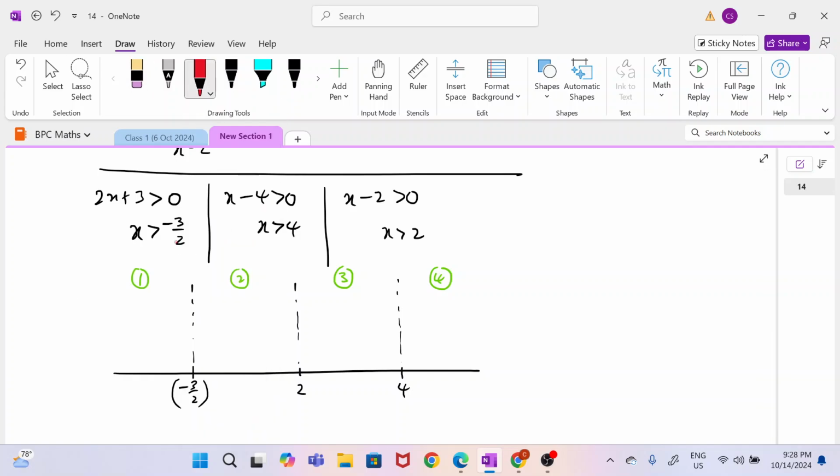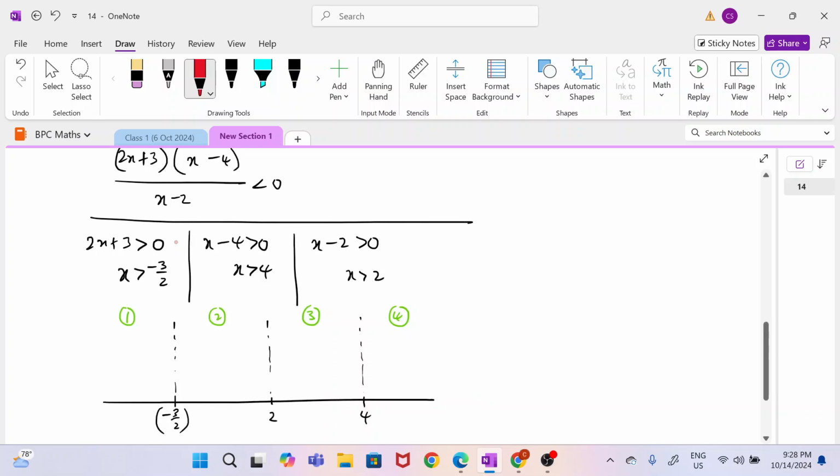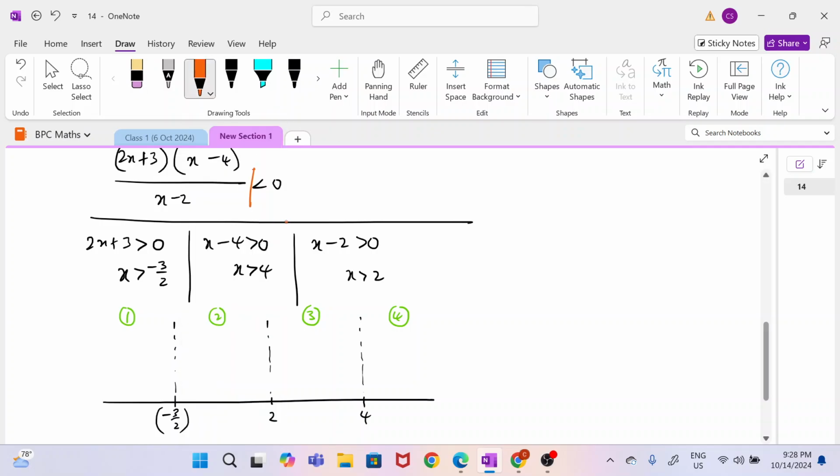Okay, before I solve this, I have taught you how to solve this by the number line system, and we know that we have to choose the positive part. You guys try this, just this part, and get the answer first.